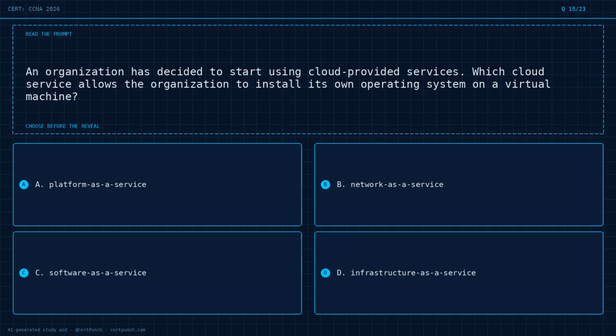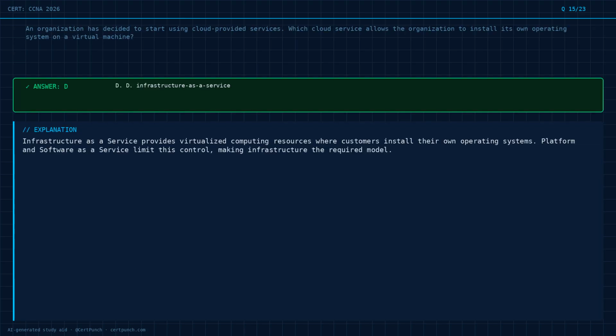Option D. Infrastructure as a service. Decide on the strongest option before the reveal. Stay with your gut. The answer is option D. Key Q. Infrastructure as a service provides virtualized computing resources where customers install their own operating systems. Platform and software as a service limit this control, making infrastructure the required model.